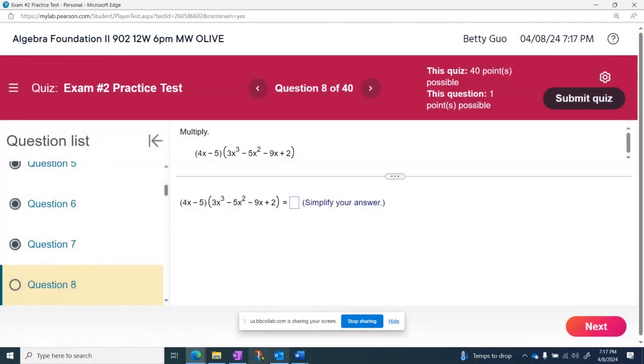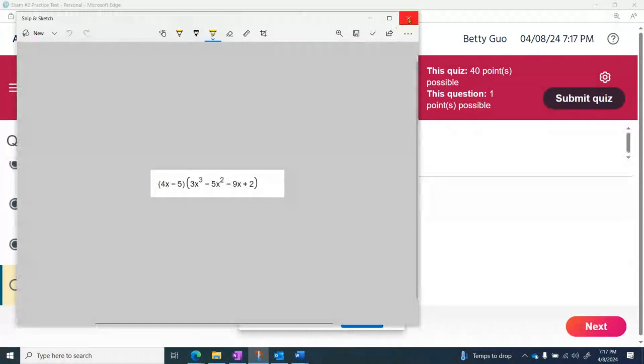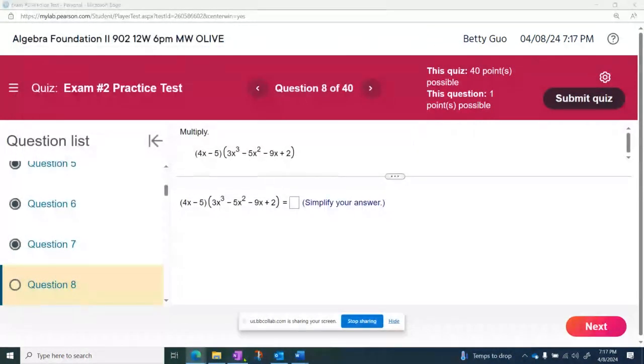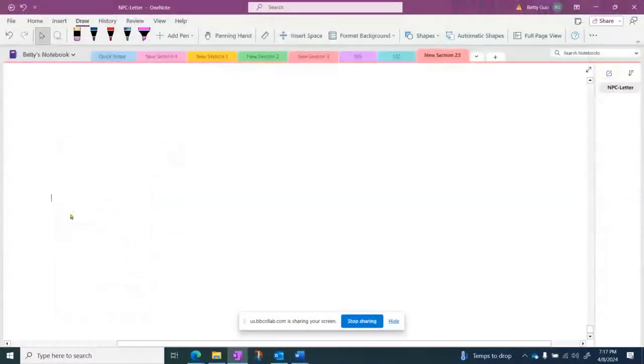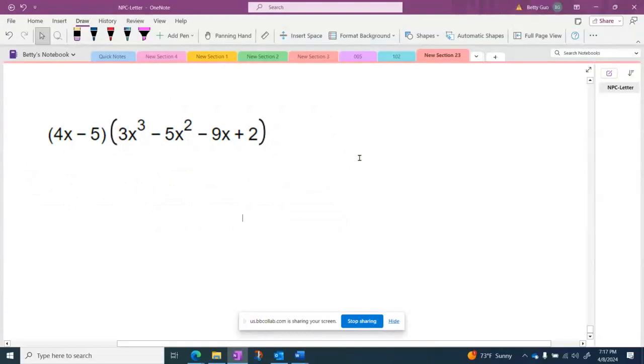Multiply. Let's do this question. Box method. We are multiplying a binomial by a 1, 2, 3, 4 term polynomial. So this is a 2, this is a 4. We need a 2 by 4 box.